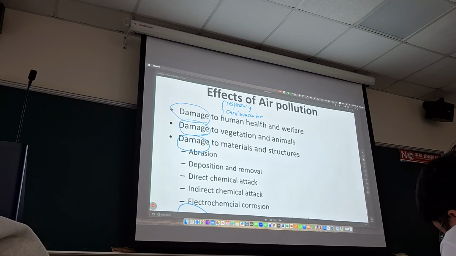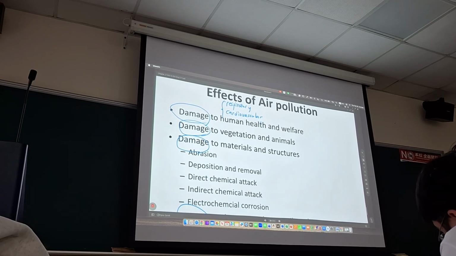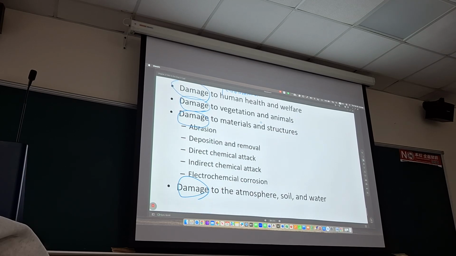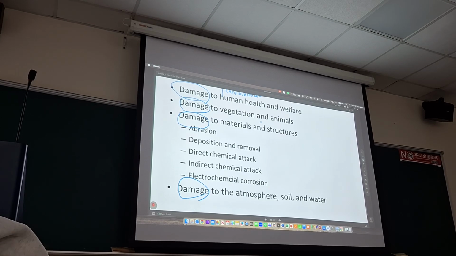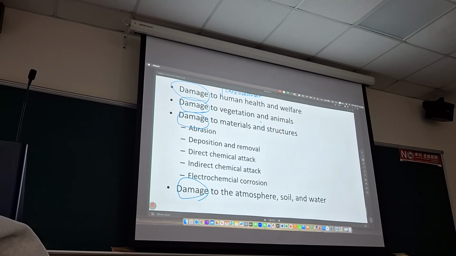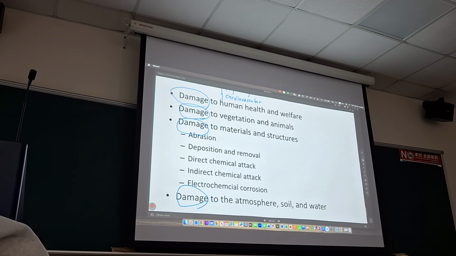It might also damage our buildings. It will damage vegetation and animals, damage materials, even the structure of buildings. It will damage our atmosphere, soil, or even our drinking water. So, damage.